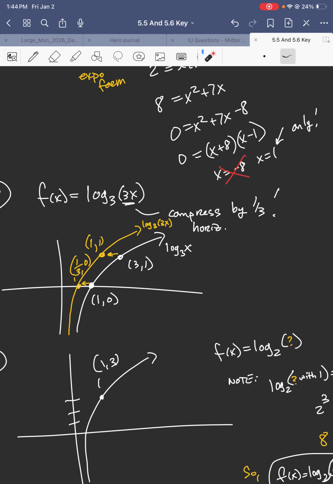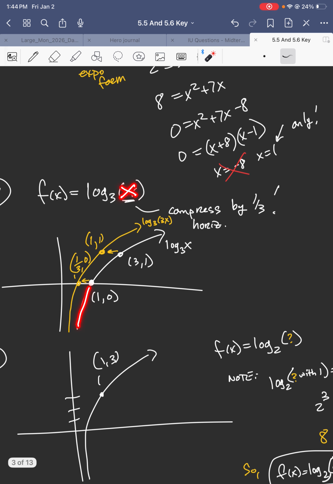All right, so here they wanted to think about what this looks like. Well, if I just draw a log of x, it looks like this, because I know when you plug in 1, that the log base 3 of 1 is 0, because 3 to the 0 is 1. And we know that log base 3 of 3 is 1, because 3 to the 1 is 3. So I know I've got these 2 points and a vertical asymptote at x is equal to 0.